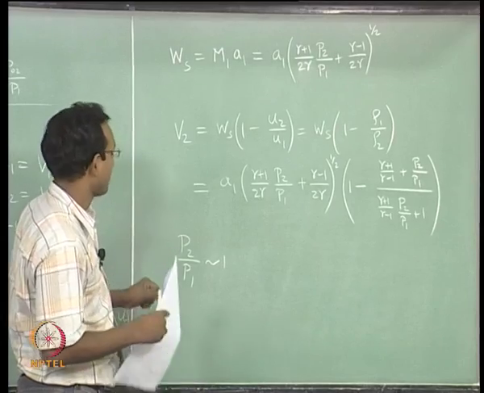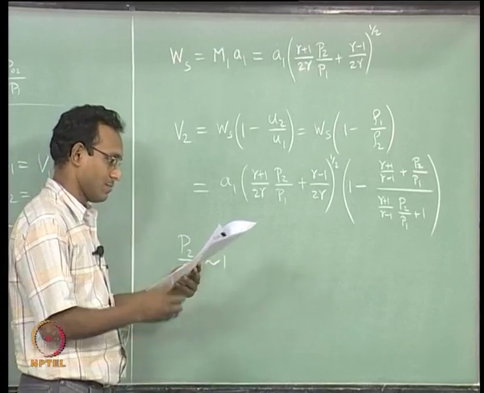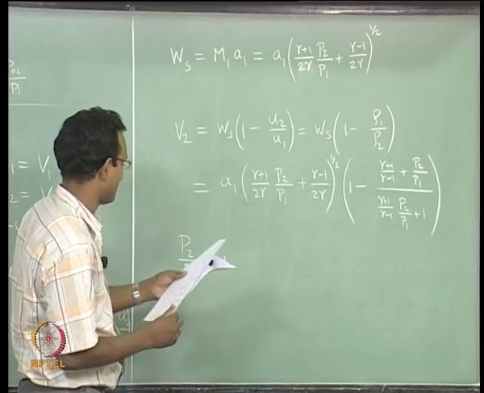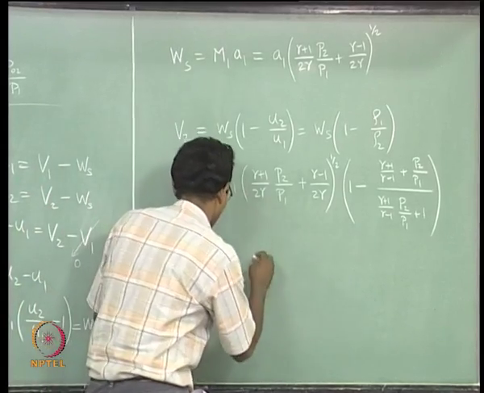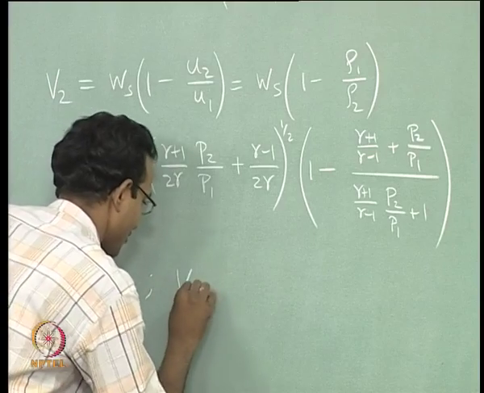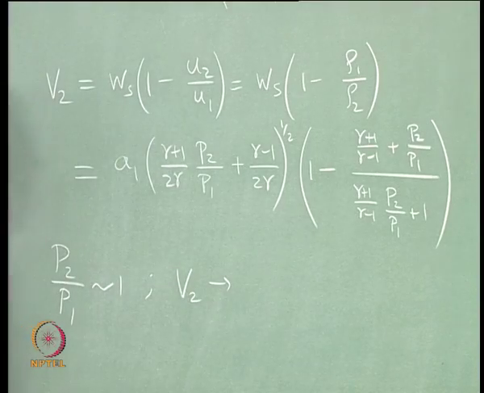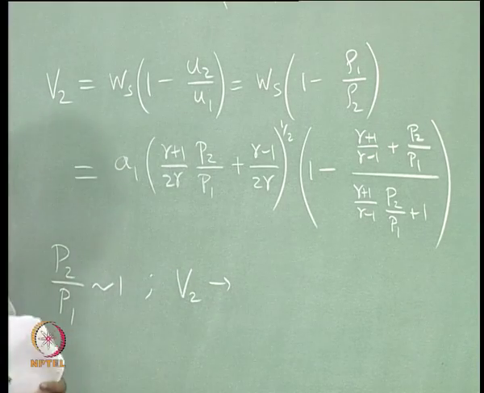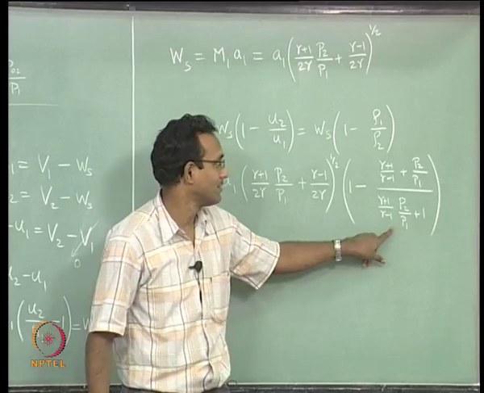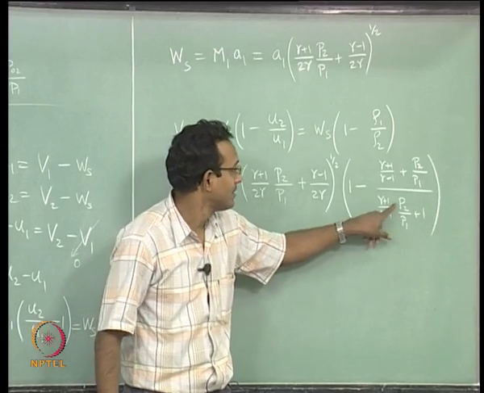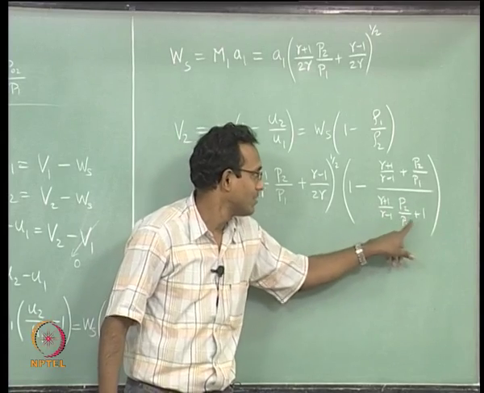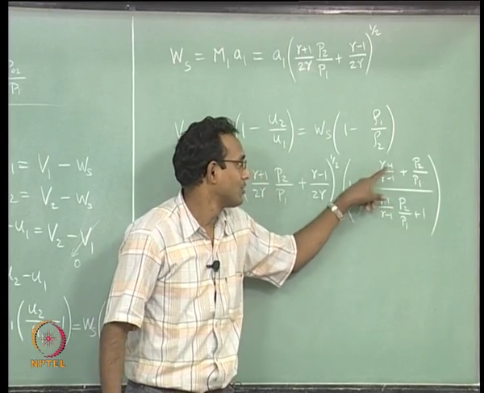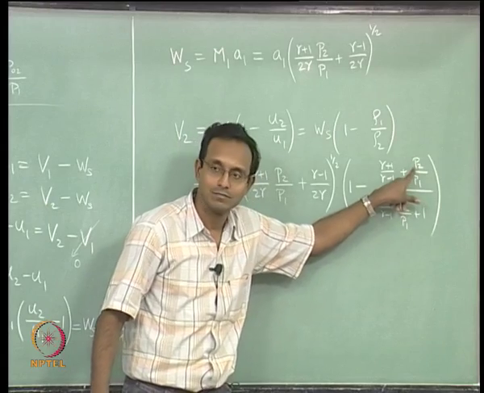Let us say we will make it equal to 1. I want to see what happens to my Ws. Actually, we will look at V2 first because the formula is just right above. V2 will tend to, what will happen? P2 by P1 will become 1, gamma plus 1 by gamma minus 1 plus 1, numerator also gamma plus 1 by gamma minus 1 plus 1.